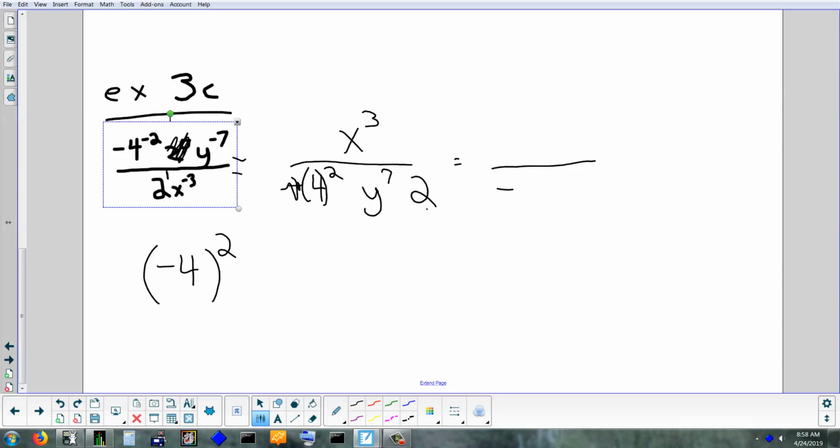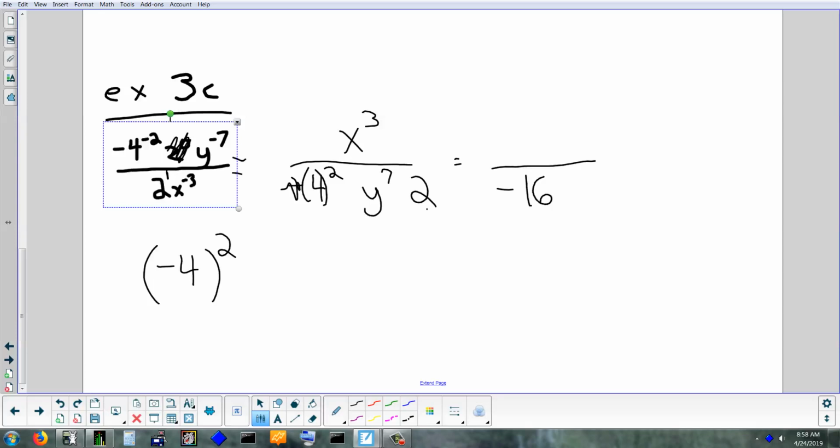Like Yusuf said, how'd you get 16, Yusuf? 4 times 4. Yeah, 4 to the second, right? Remember, that negative is kind of floating out there. It's not part of the 4. If it was inside the parentheses, it would be, but it's not written that way. So it's just going to be like Yusuf said, 4 times 4, 16.